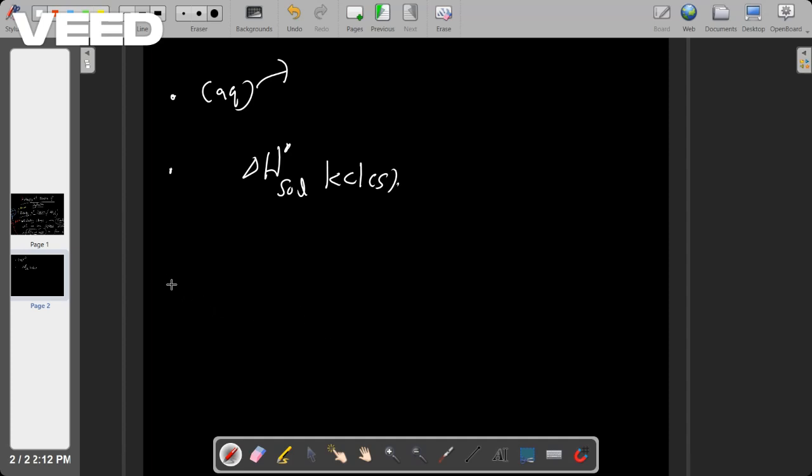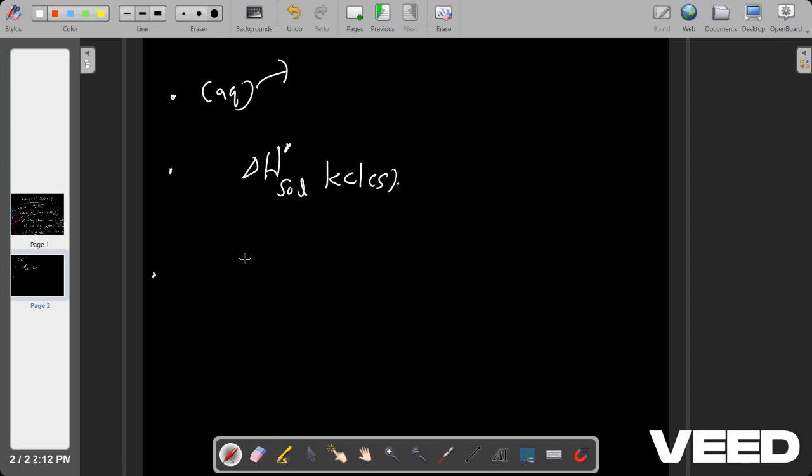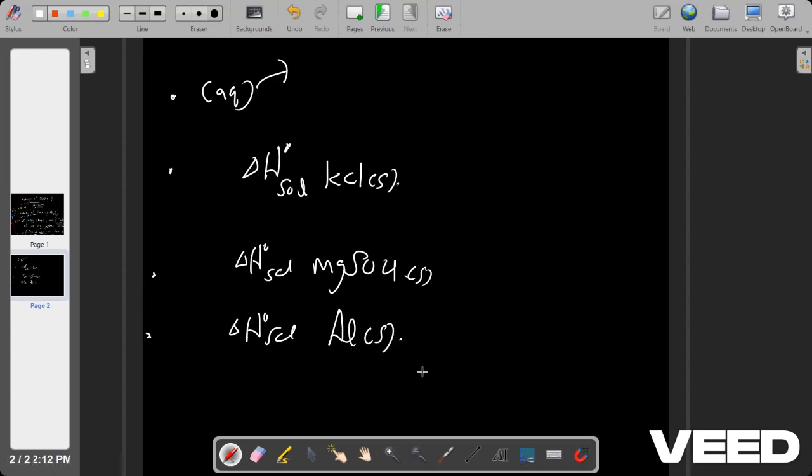And then for magnesium sulfate, delta H naught, magnesium sulfate. Then for delta H naught, aluminium chloride. You can write the equation in two different ways. Same thing, right? In two different ways you can do it.